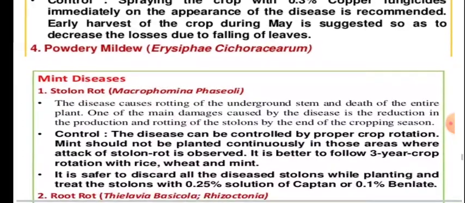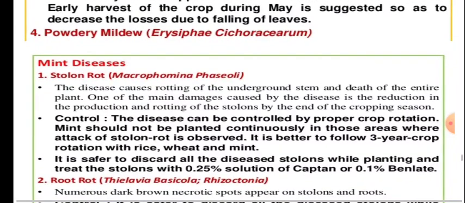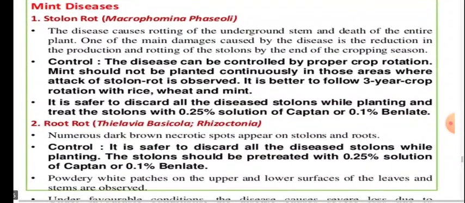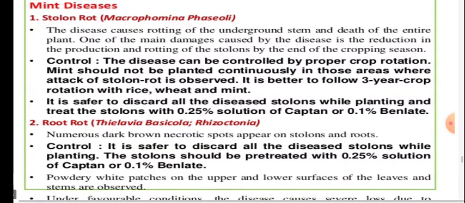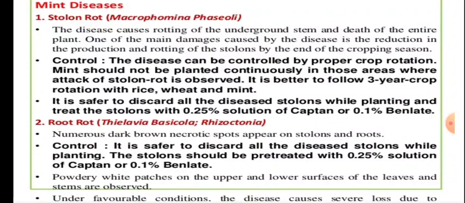Then powdery mildew, Erysiphe cichoracearum. Then mint diseases are the stolon rot, Macrophomina phaseolina. It is a disease causing the root rotting and death of the entire plant. Control by crop rotation is important.